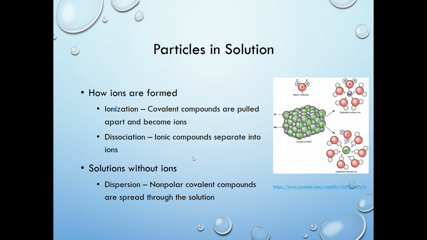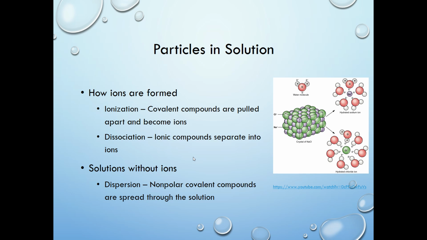When we have an ionic compound and a covalent compound, they're going to dissolve in different manners. Covalent compounds will go through a process called ionization. So, ionization sounds like making an ion.